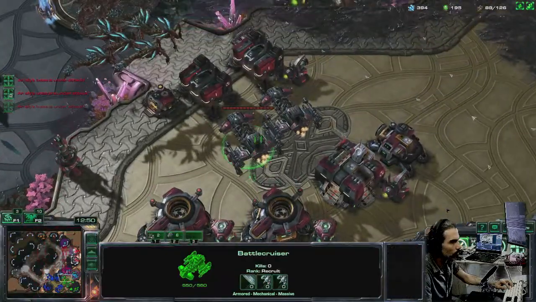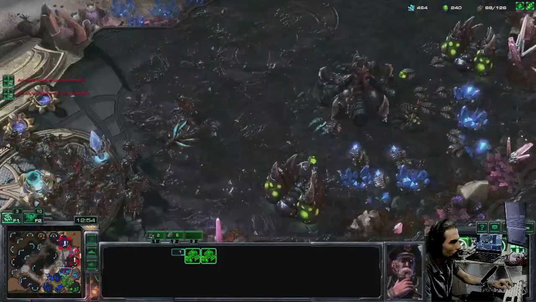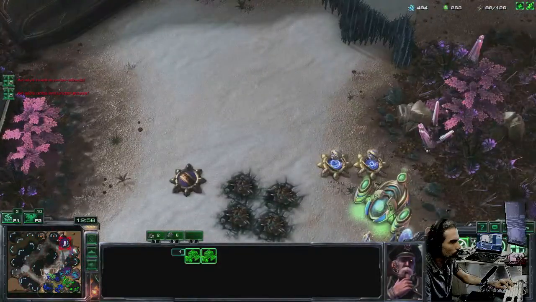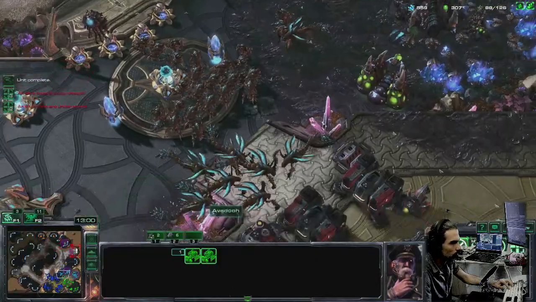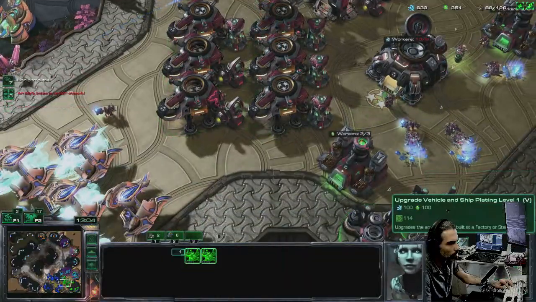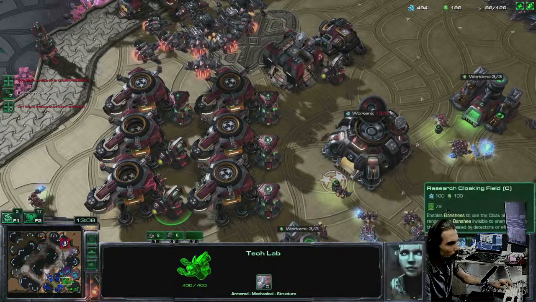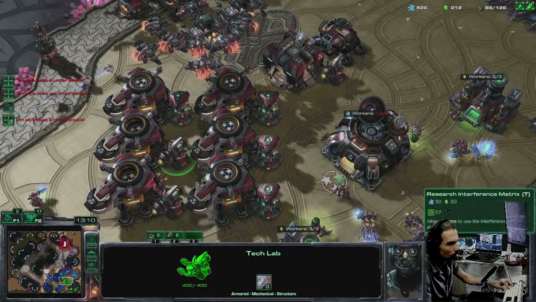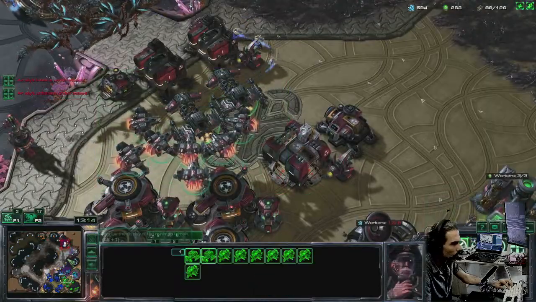Our allies' base is under attack. Ready to blunder. Our allies are being attacked. Our allies' base is under attack. You hailed?